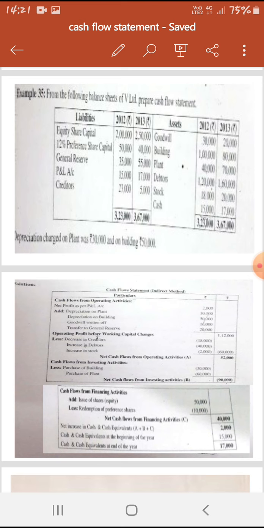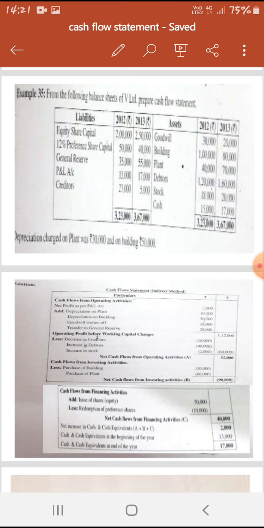In this we will deduct decrease in current creditors, which means the creditors have been reduced from 23,000 to 5,000, that is 18,000, that will be deducted. Increase in debtors in the question is from 1,20,000 to 1,60,000, that is 40,000 has increased, so it will be deducted. Then increase in stock, that is 2,000, it means from 18,000 it has increased to 20,000, that means again it will be deducted.